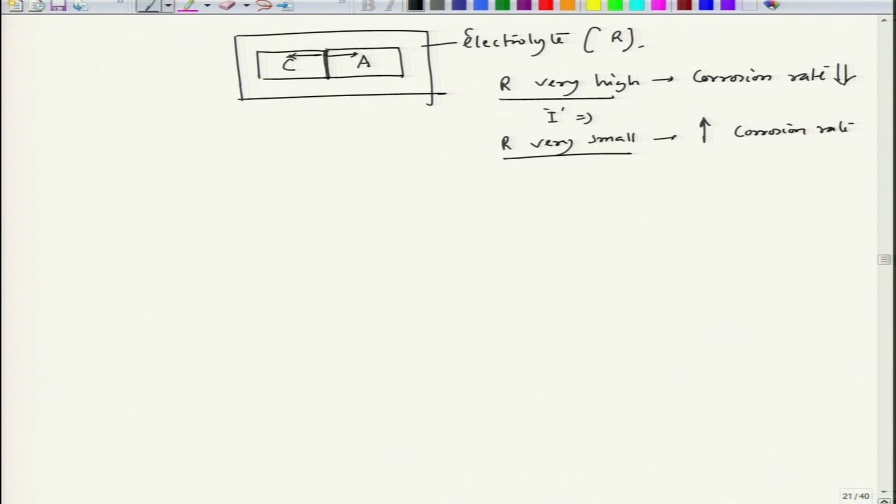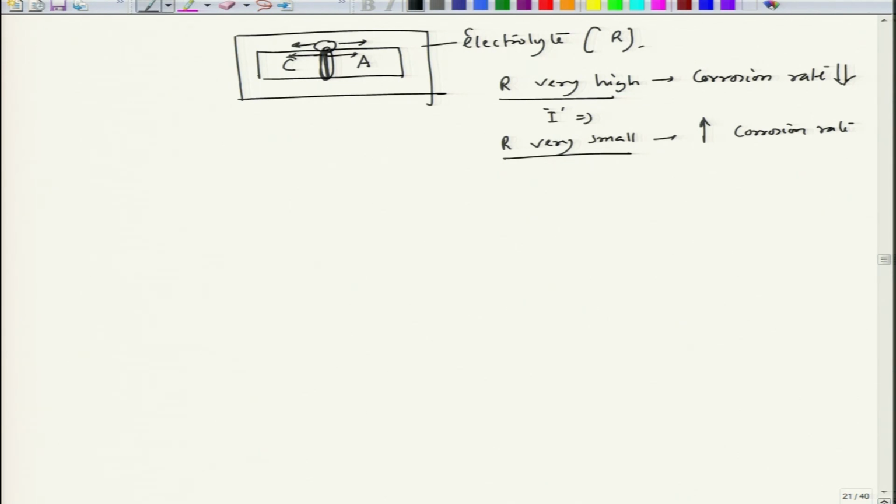Now, if we go away from this region, as we are going away from these regions, the resistance increases. So, that means the corrosion effect due to the galvanic coupling will be felt more near this junction point, because near that junction point the resistance offered by the electrolyte would be less as compared to the resistance offered by the electrolyte if we go away from that contact portion.